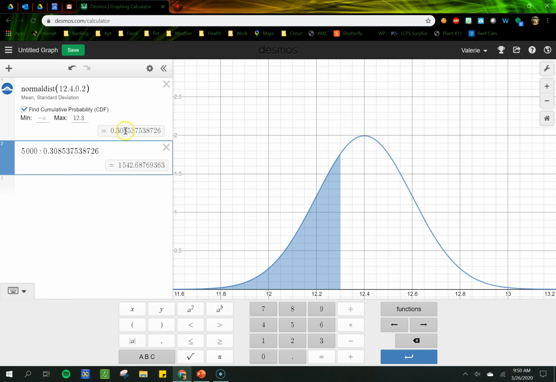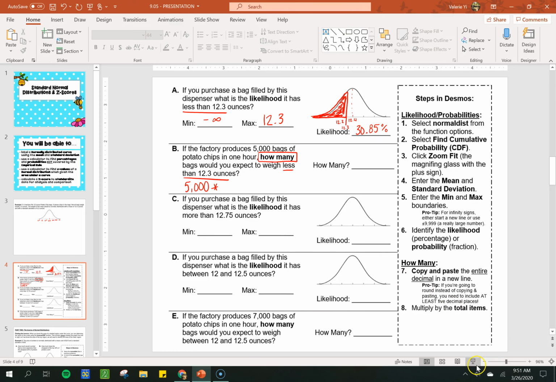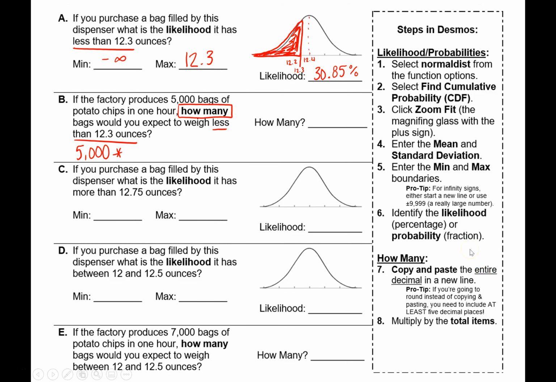So this is still a rounded number, but it is going to be more accurate than just using 2 or 4 decimal places. So I've used that entire number, and I know that my answer is 1,542.68. Since it's bags of potato chips, let's round to a whole number. 1,543 bags of potato chips are going to be less than 12.3 ounces.